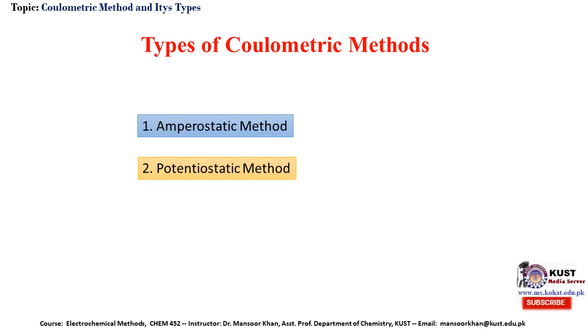In this lecture further we will discuss the basic principle, instrumentation and application of the amperostatic coulometric method, and also the basic principle, instrumentation and application of the potentiostatic coulometric method.